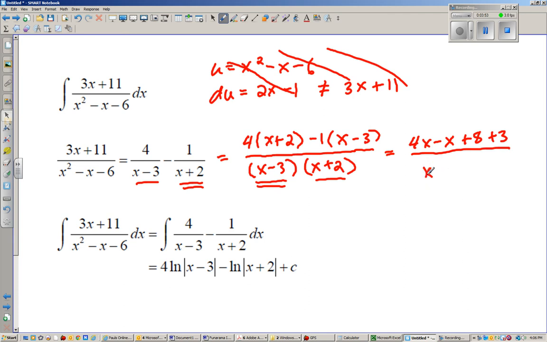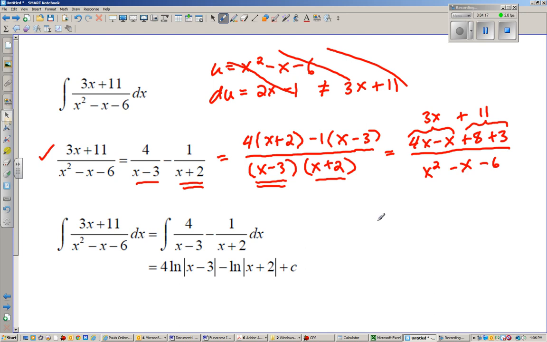Isn't that x squared, doing the FOIL? 2x minus 3x would give us a minus x. Last times last would give us a minus 6. And wouldn't the total number of x's be 3x? And wouldn't the total of the constants be 11? And isn't that exactly what I started with?